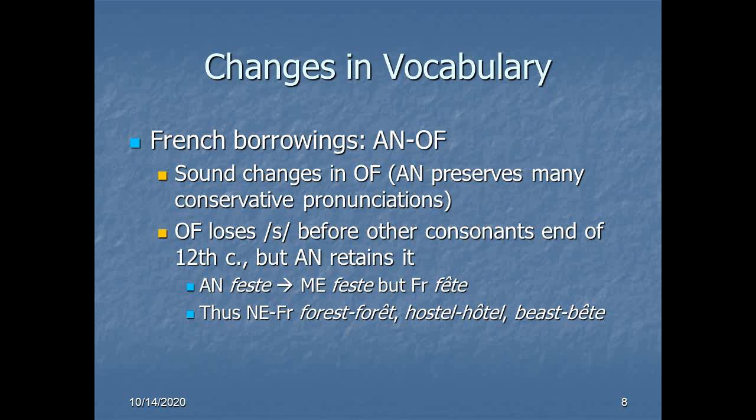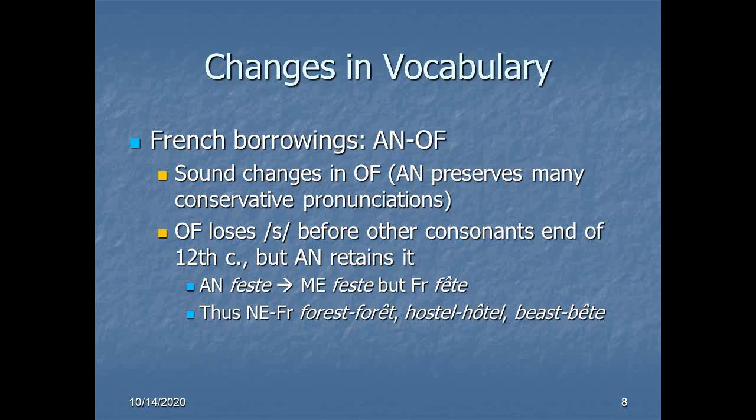For example, modern English forest and modern French forêt, modern English hostel and modern French hôtel, modern English beast and modern French bête. In all of those cases, the Anglo-Norman word, from which the modern English word comes, preserves the older French pronunciation, whereas the modern French word is a result of the loss of that S before the subsequent consonant.